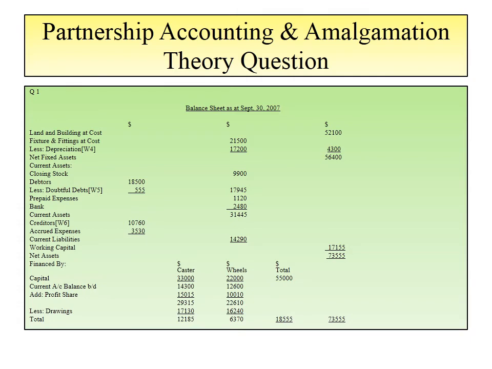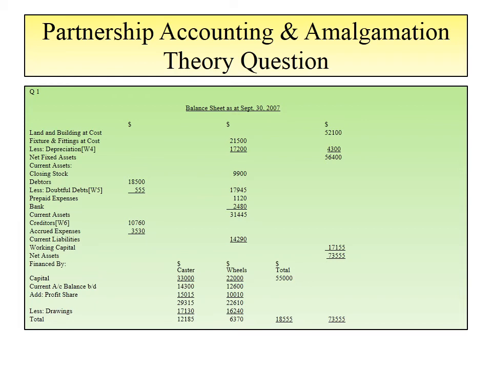Now we calculate the current liabilities. First of all, creditors are taken, and the working for this is given in the last slide. 10,760 is the amount, and accrued expenses 3,530.